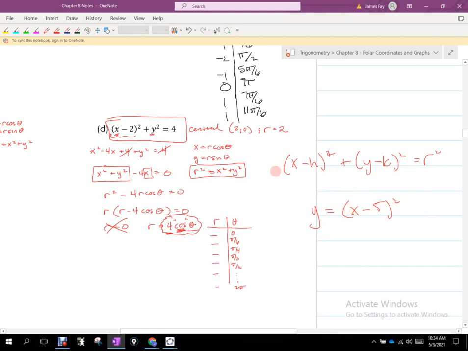Because this is implicit, the x's and y's are on the same side, the same logic that we had here for moving to the right 5 is also going to be true for the x and the y. So the center is always located at h comma k. So if this was x minus 2, it'd be to the right 2 instead of left 2. If this was y minus 5, it'd be up 5 instead of down 5. Does that make sense?